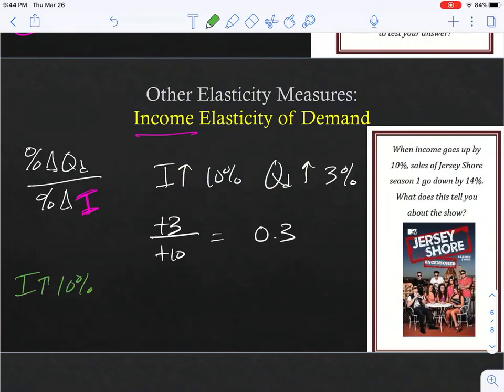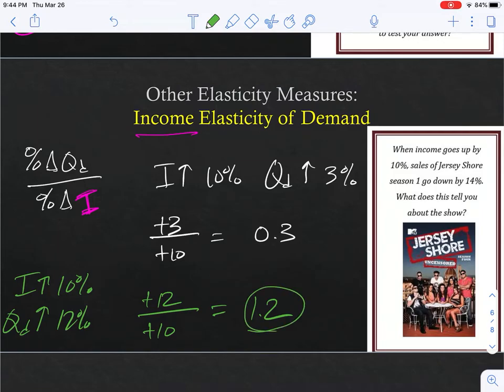If income goes up by 10% and the quantity demanded goes up by 12%, what is the income elasticity of demand? Well, you have a positive 1.2. So here, this shows much more sensitivity. This is a more elastic measure of income elasticity of demand. Up here, this is less elastic, technically classified as inelastic income elasticity of demand.